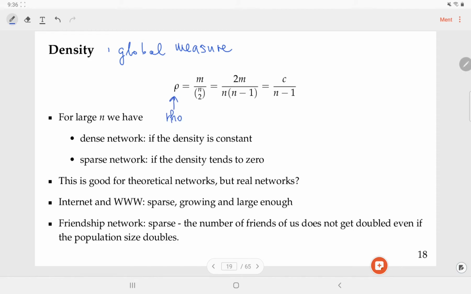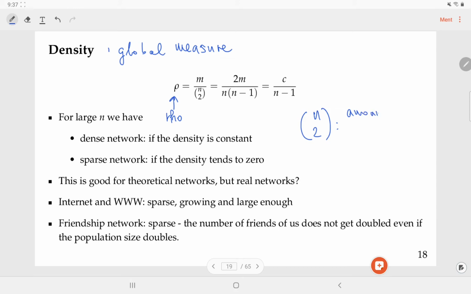This is the density, and what it does is it divides the number of edges by n choose 2. This n choose 2 is the number of edges in the complete graph. So this is the amount of edges we can have in the complete graph.